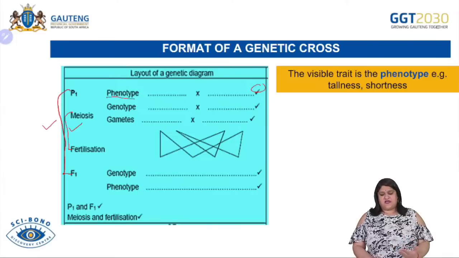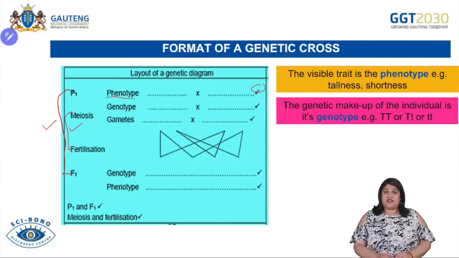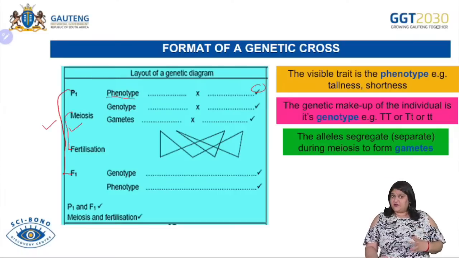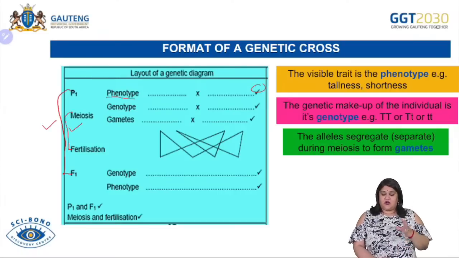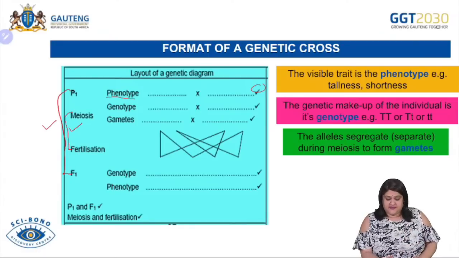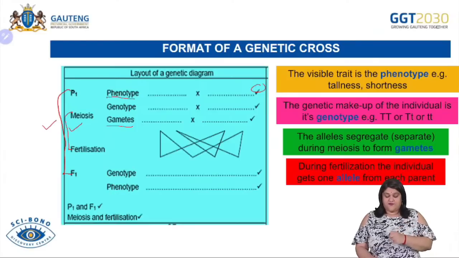Then thereafter, it's just a matter of working out your genotypes, which is the genetic makeup. And thereafter, we have our law of segregation that's going to come into play here, where the alleles are going to separate during meiosis to form our gametes. And then during fertilization, the individual gets 1 allele from each parent.